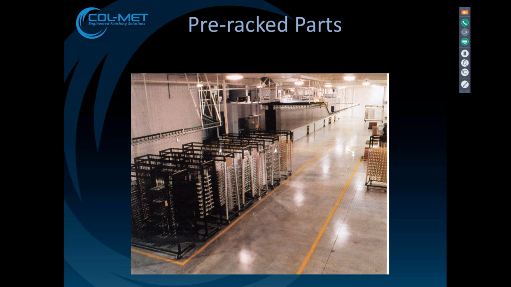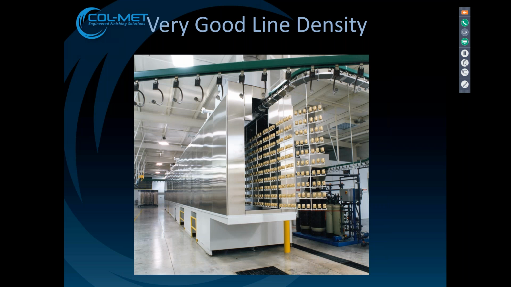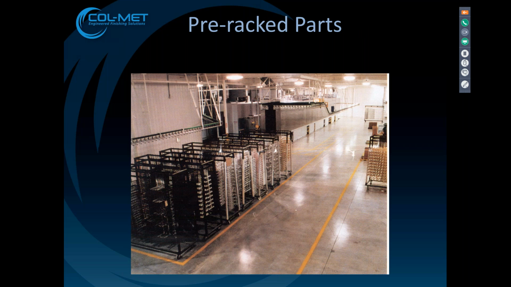Now, pre-racked parts provide an opportunity for a customer to rack his parts offline. You can imagine from this illustration how difficult it might be for a person or a crew to load this line and unload the line as it was moving.